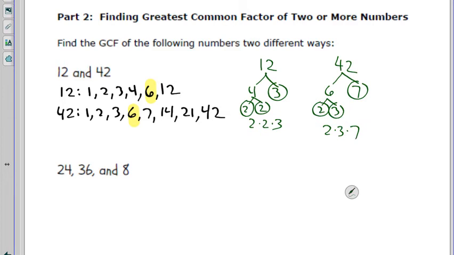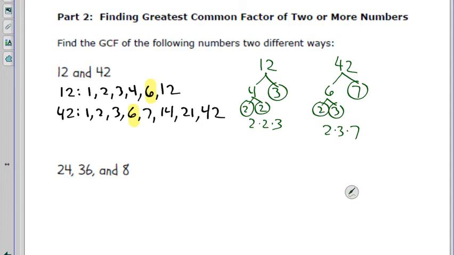And as I said before, the 2 and 2 and 3 are all the fixings to make a 12. And the 2 and the 3 and the 7, well, those are the ingredients to make yourself a good cup of 42. And so I can make all the factors of 12 and all the factors of 42 from their respective prime factorization numbers.